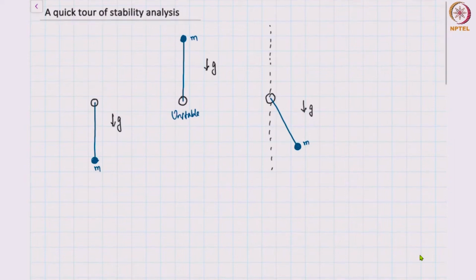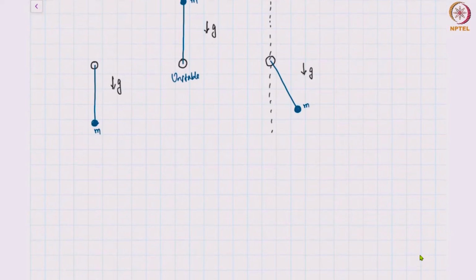So you can now conclude that without friction, theta equal to 0 is a neutral equilibrium.